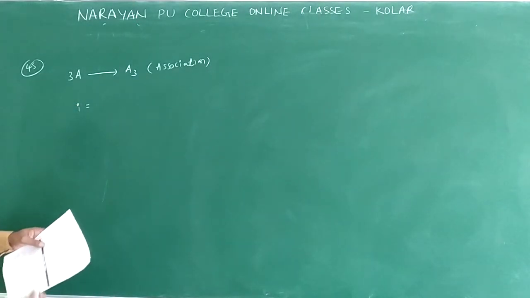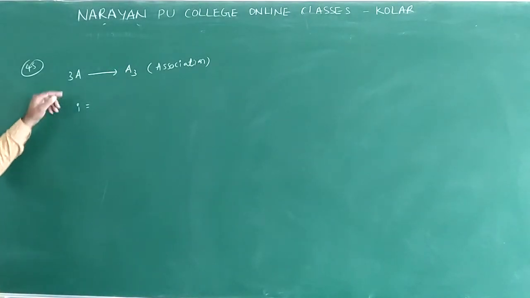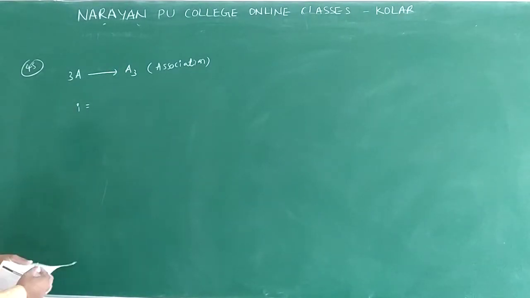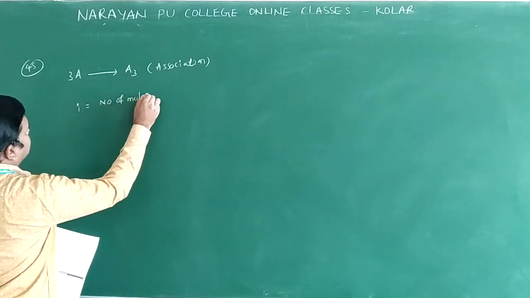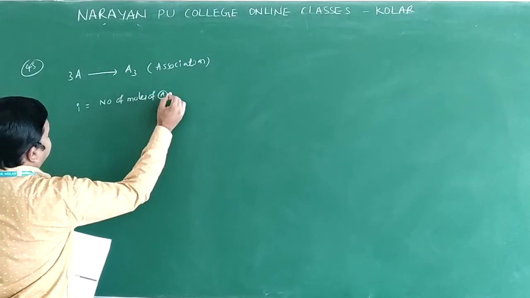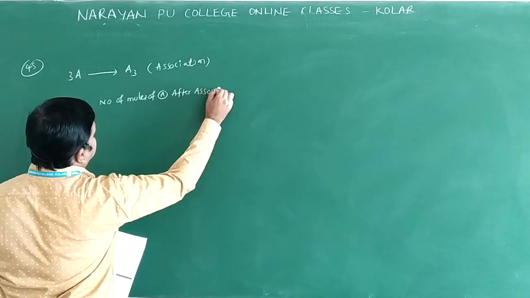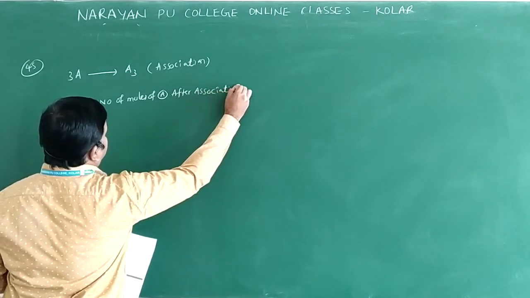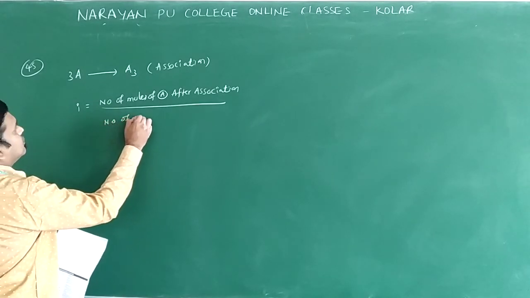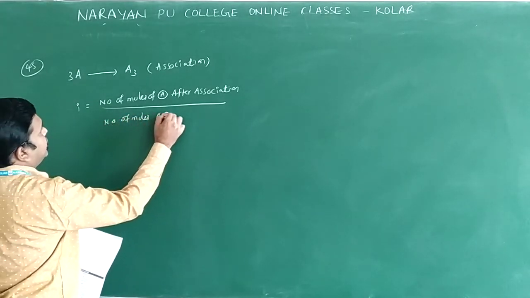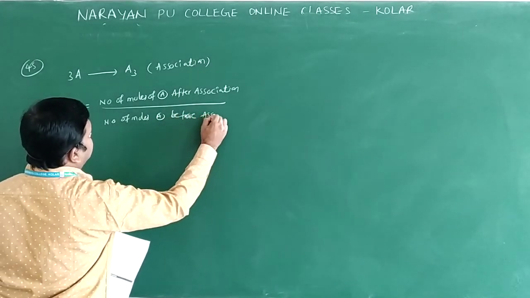i is the number of moles of A after association by the number of moles of A before association.